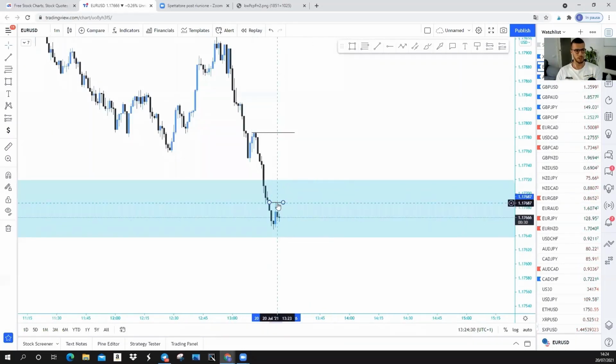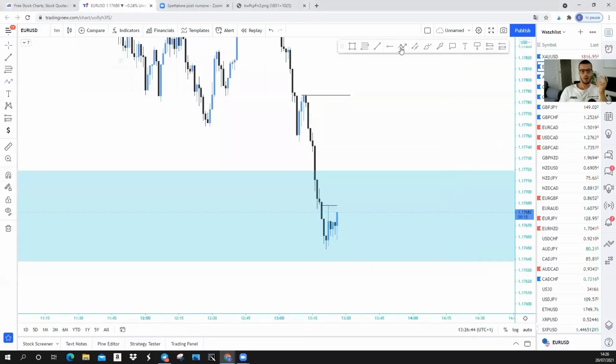We just printed a new structure, and this is our structure, and I want to see a candle closure above it with some nice momentum in order to consider buys. Basically, what I'm possibly waiting for is this break of structure tapping into demand, this demand, and I will enter right here.